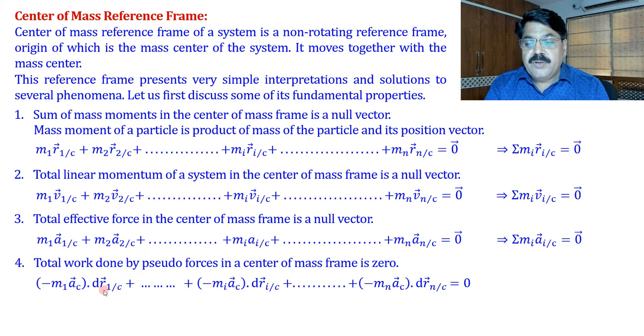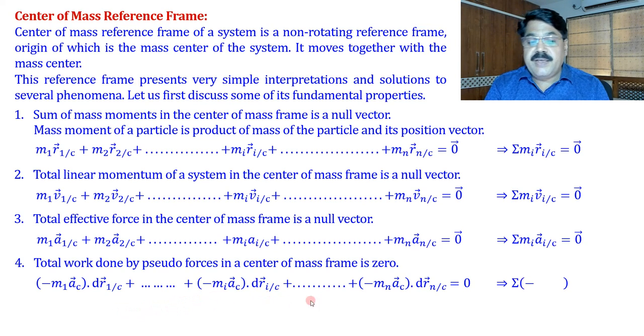And again, you can take the differential of the entire equation. So what we have is minus M times d of the bracket, this one, so this is 0. In this way, we can say total work done by pseudo forces will be 0. That we will deduce again while discussing methods of work energy.